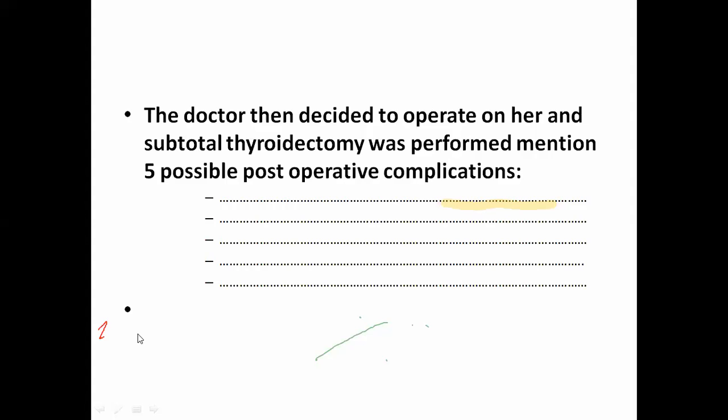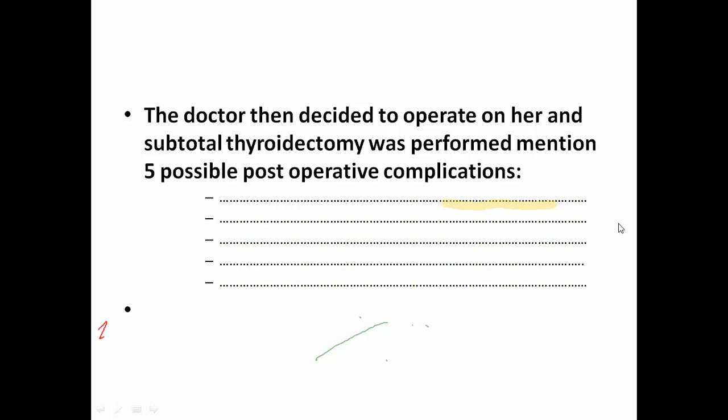She's young, she's 25 years, so I have to do a pregnancy test first. Yes, radioactive iodine is not advisable in young girls of childbearing age. She is of childbearing age, okay? So surgery may come as a second line of treatment.